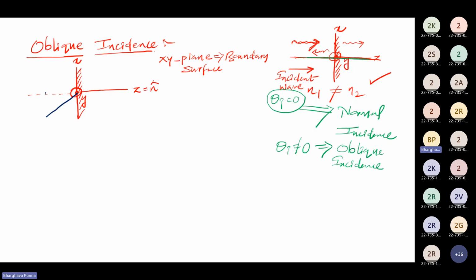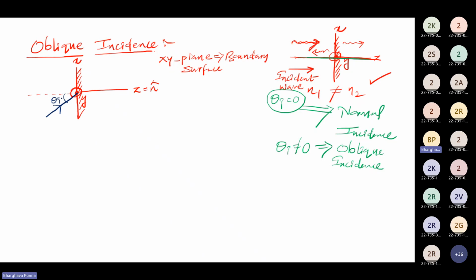The normal is this dotted line, the z-axis. Now this blue line is indicating the incident wave. We can observe the angle theta I between the normal and the incident wave. This blue line is making a certain angle theta I with the z-axis, which is our normal.